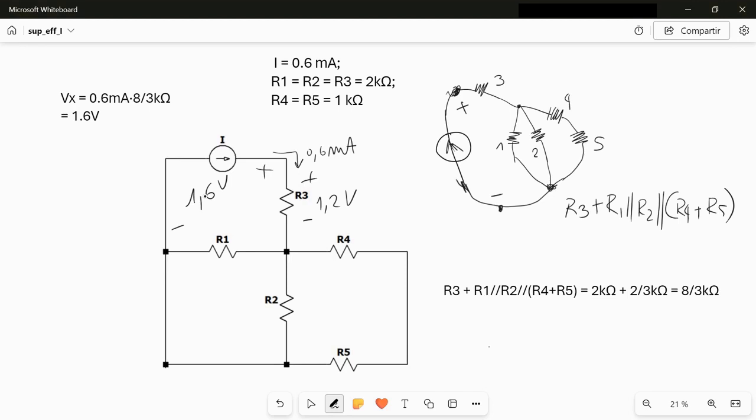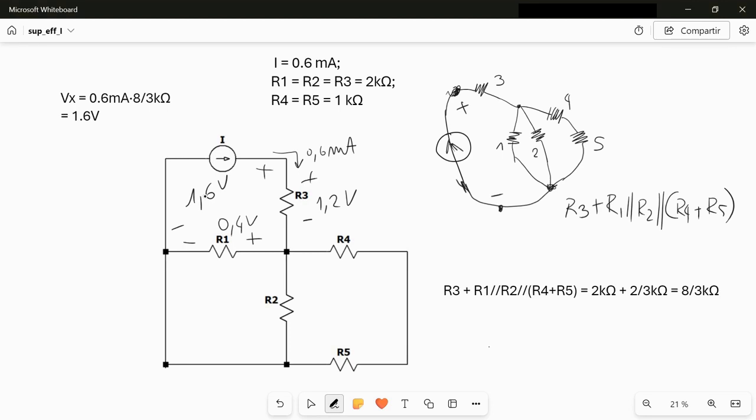And by looking at this mesh here and remembering that we must have a zero sum of all the voltage drops, taking into account their polarity, we can say that with 1.6 and 1.2, we must have here with this polarity 0.4 volt, because 0.4 volt plus 1.2 volt will give us 1.6 volt.